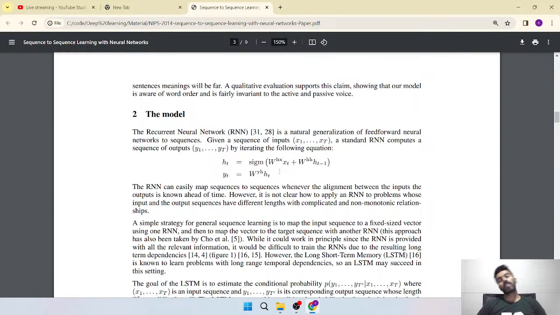Now suppose, why are they doing all of this? In traditional machine learning algorithms like RNN, there are a lot of problems: the model can't remember the context of the previous word.